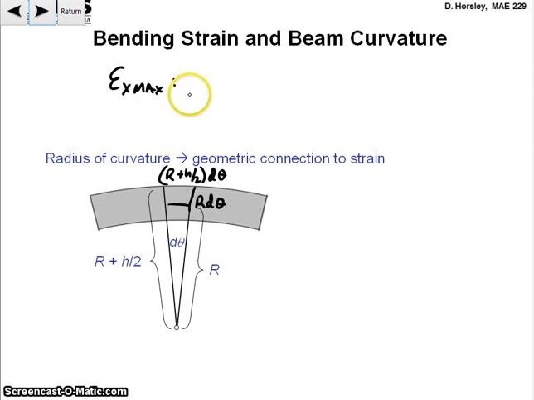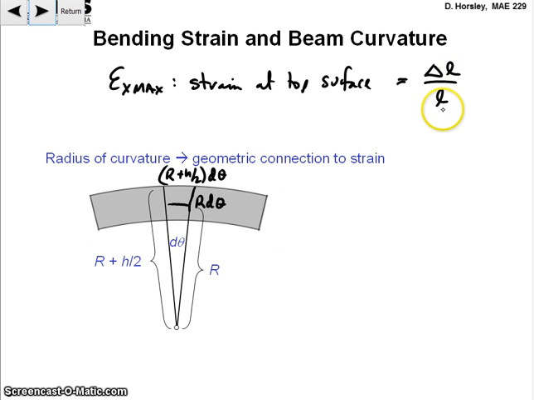And what we know is that epsilon x max is basically the strain at the top surface of the beam. The definition of strain, the way we usually write it, is delta L over L. It's the change in length divided by the original unstrained length. In this particular problem, the unstrained length is this r d theta, and this length here is the total strained length. So delta L is just the change in length.